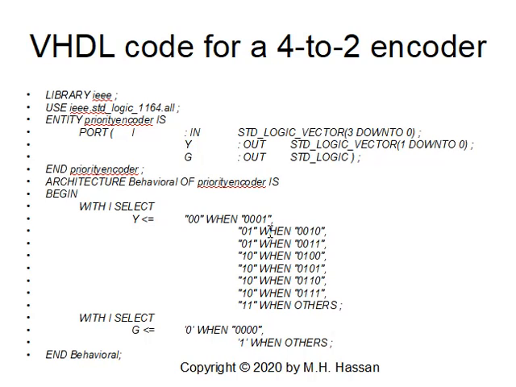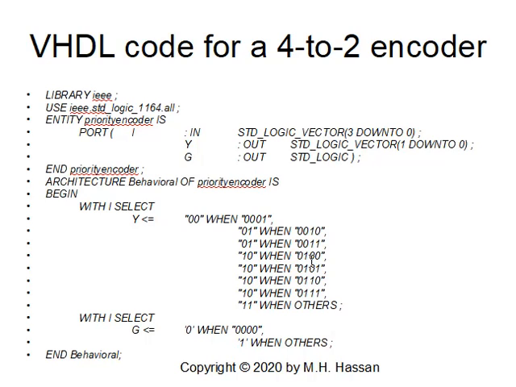This is an indication that minterm M0 is active at the input, so 0, 0, 0, 1, the Y will be assigned 0, 0. Now, when I have 0, 0, 1, 0, I will assign Y to 0, 1. 0, 0, 1, 1, I will assign 0, 1.